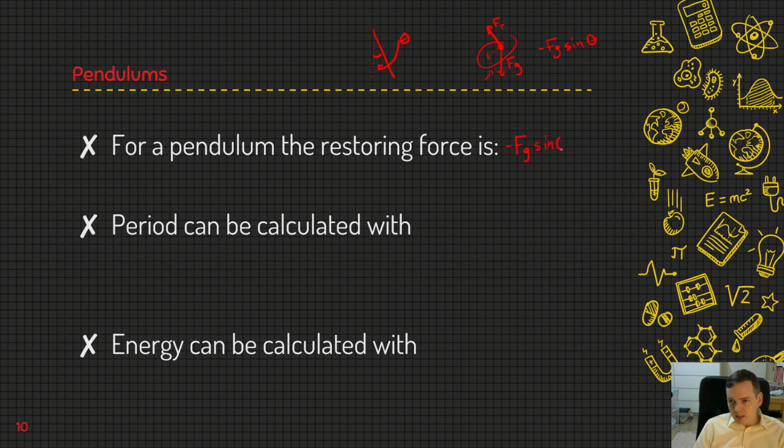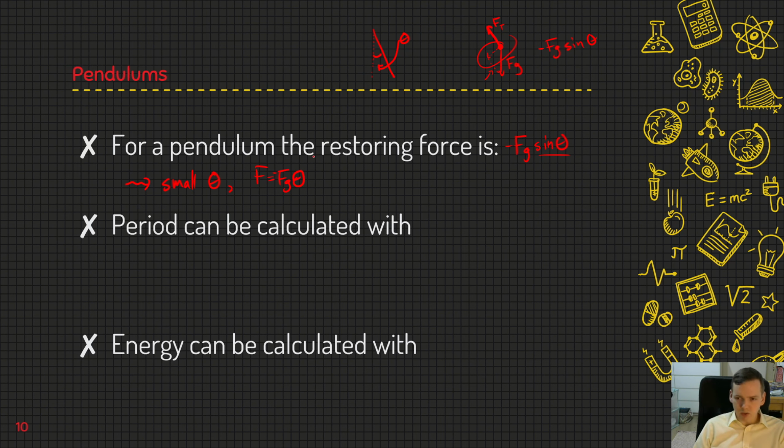You'll notice that this is a restoring force because it's negative and it opposes the direction that you've moved. Now we can simplify that for small theta. The force is equal to negative Fg theta.